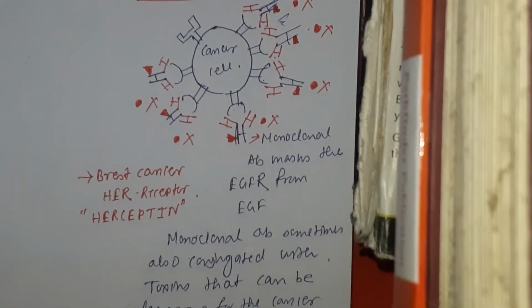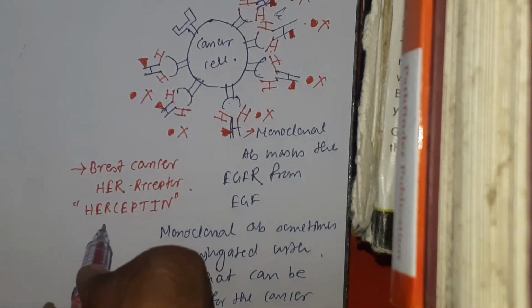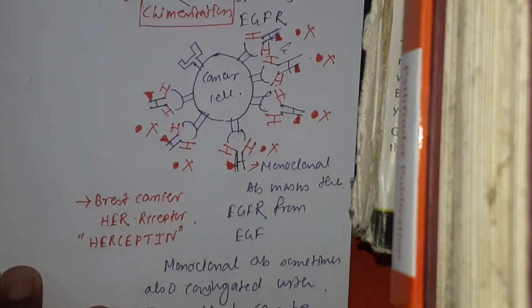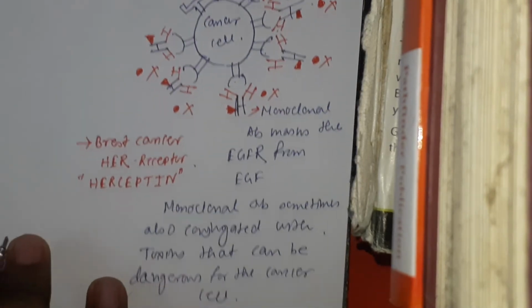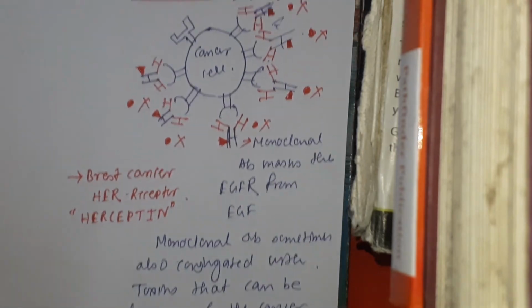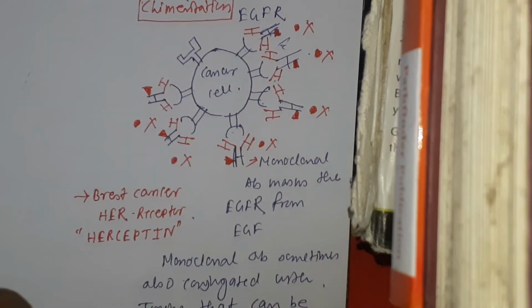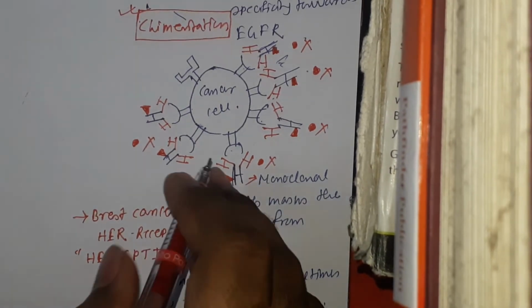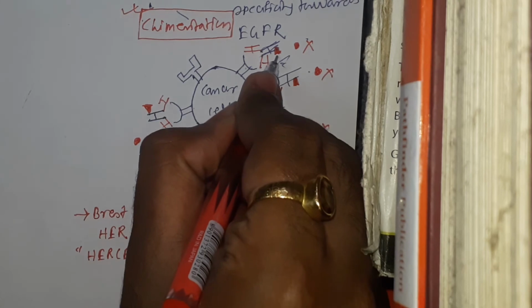One example of this is breast cancer, where the receptor is HER, and the antibody that we will use in that case is Herceptin. Not only do we provide the monoclonal antibody, right, but nowadays we also conjugate a type of immunotoxin with them.